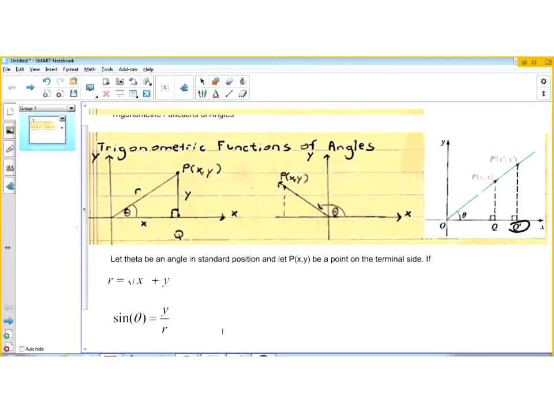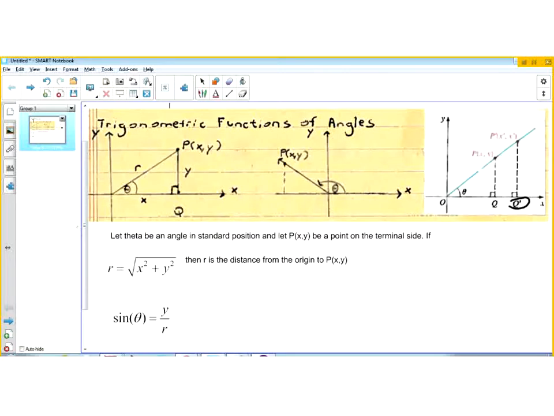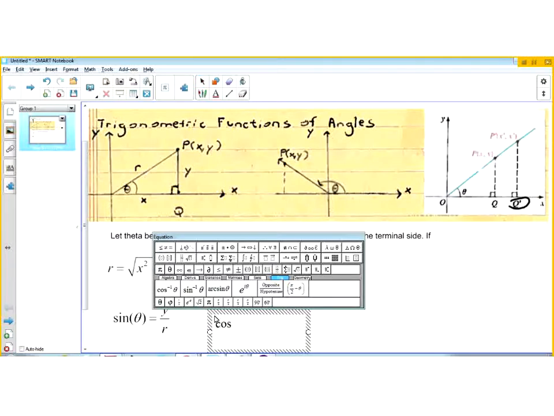Okay, and then we'll have cosine of theta equal to x over r, the abscissa over the radius.